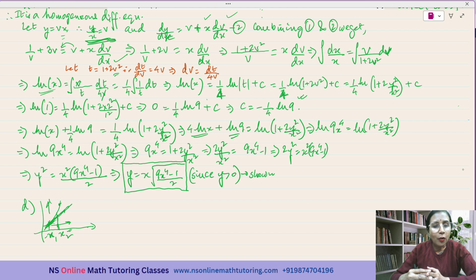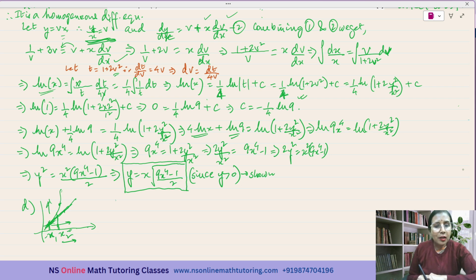It is becoming more because the tangent is going in this direction and the graph is going in this direction. So the difference in the two values is just increasing, and the accurate y value will be more than the approximate y value if the concavity is positive. That means the graph is concave up.